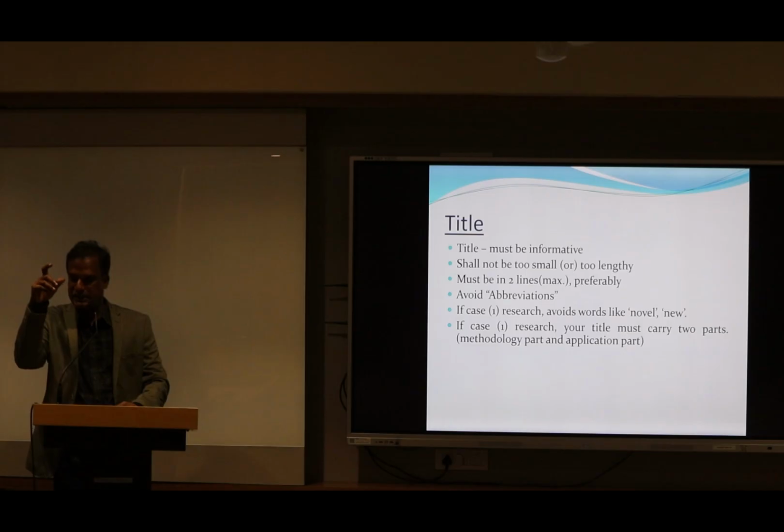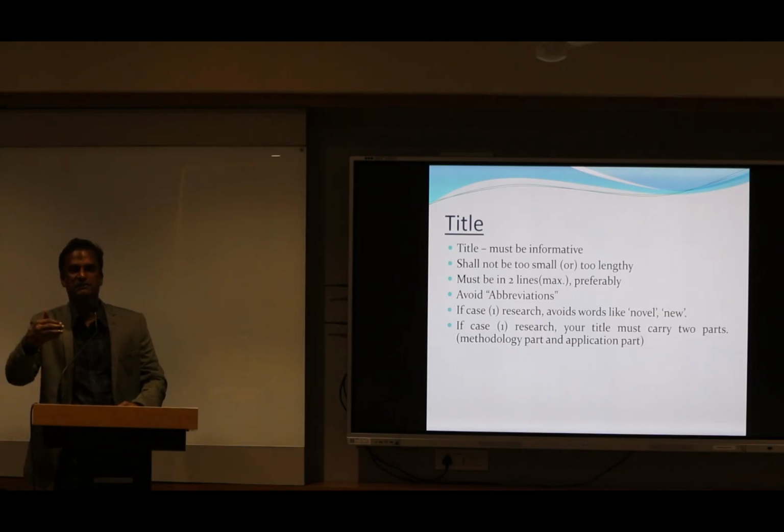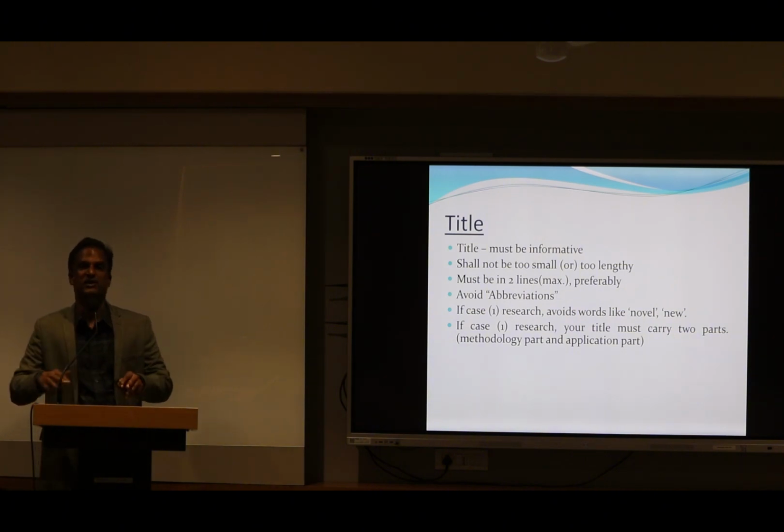In that case, narrow down. What type of medical image are you looking at? Brain image analysis using deep learning, a bit narrowed title. But again, do your homework in Google whether a review paper is already available or not. If it is still available, you have to narrow down further.